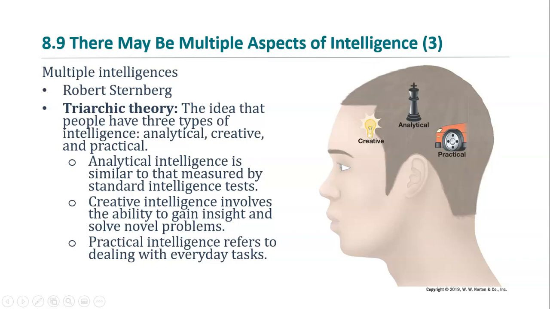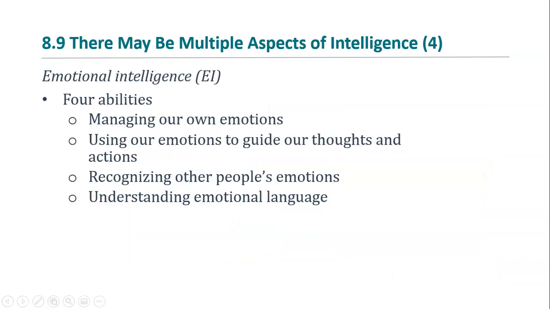There's creative intelligence, which is the ability to come up with novel ideas. Then there's practical intelligence, what you might call street smarts, the ability to find a parking space, or to navigate your way across town, or to change a tire. All of those are practical intelligences.